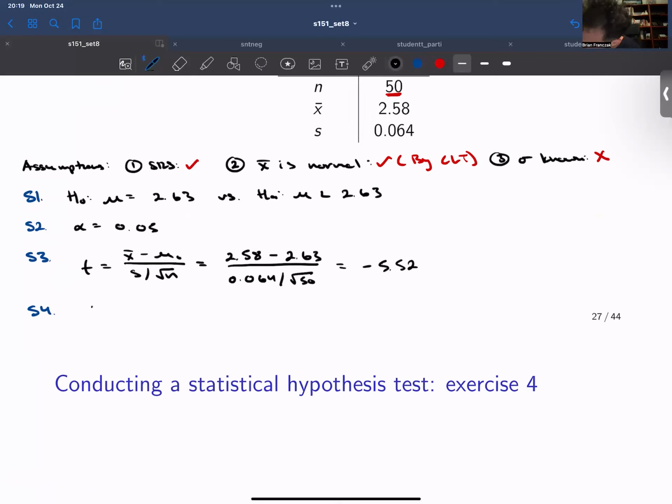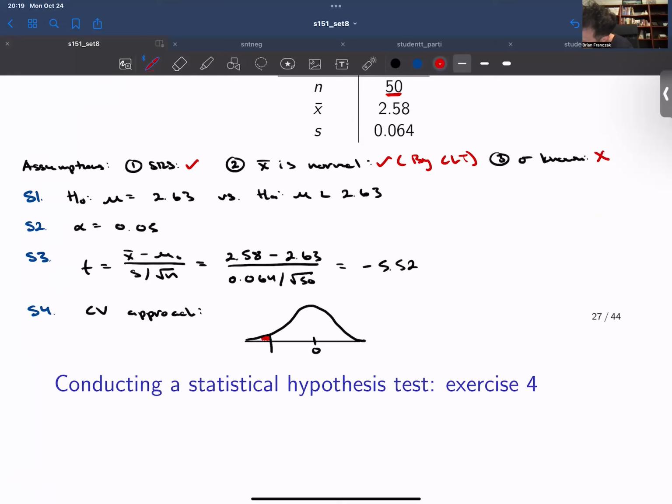If we take the critical value approach, we would start by sketching out a student t-curve, something that looks like this, centered at 0. We're conducting a lower tail test, so the rejection region is going to be in the lower tail of the distribution, down here.